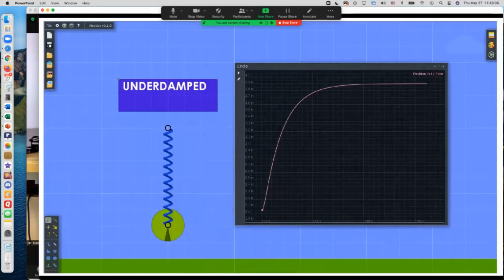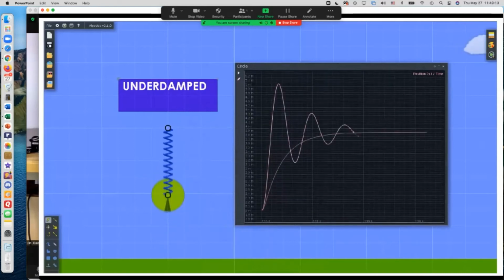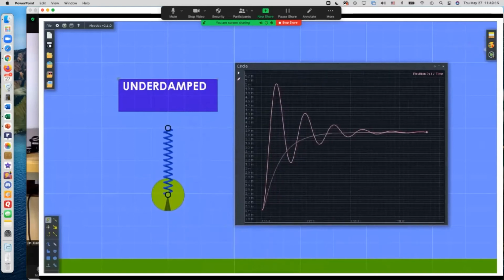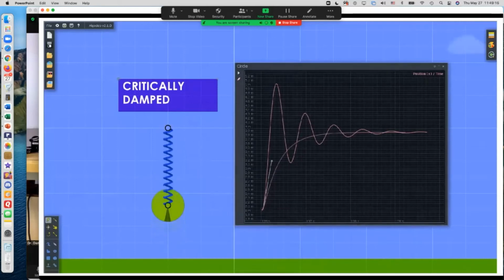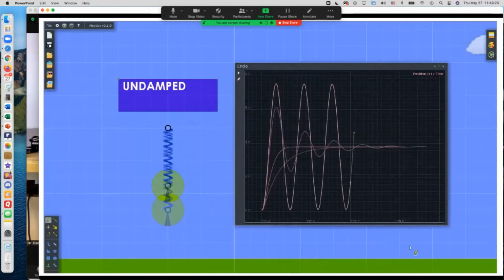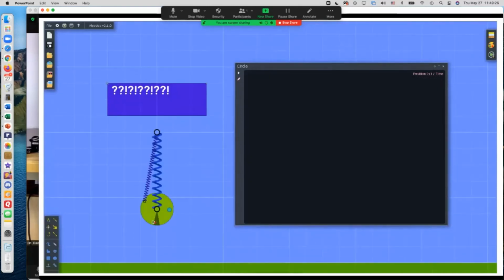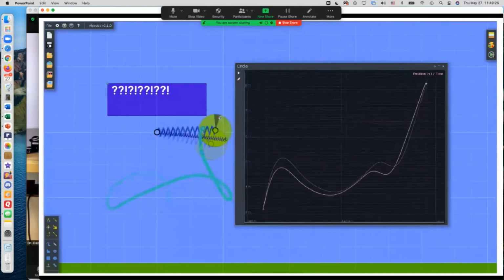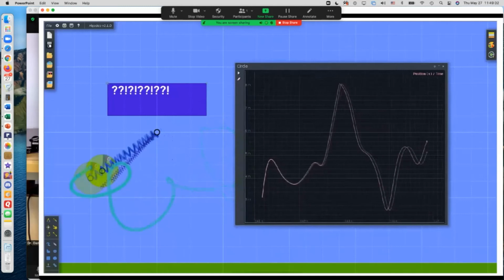Systems with a damping ratio less than 1 are said to be underdamped since they experience some oscillation. If the damping ratio is exactly 1, the system is critically damped and returns to equilibrium as quickly as possible. And if the system is undamped, the oscillation continues indefinitely. There are lesser known damping situations, but we won't get into them in this video.